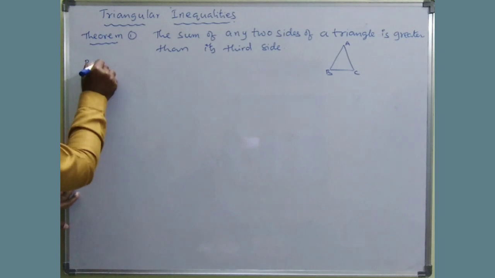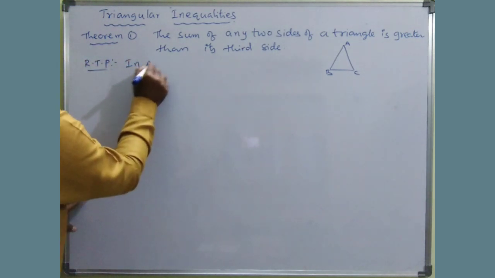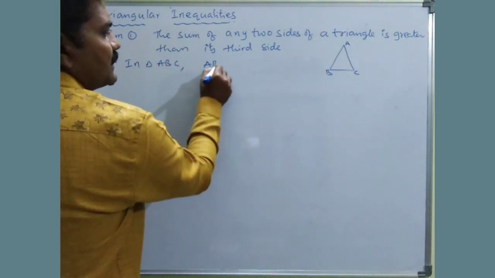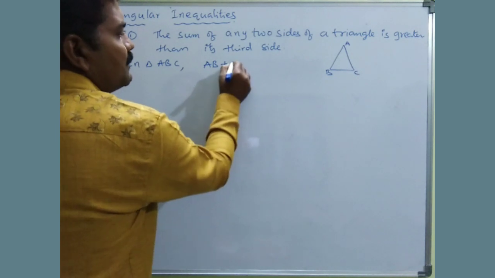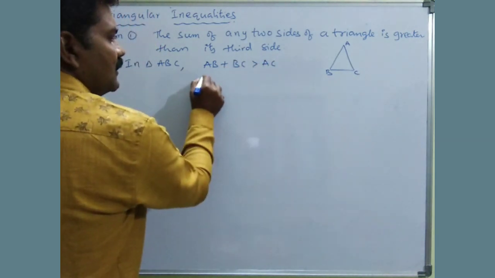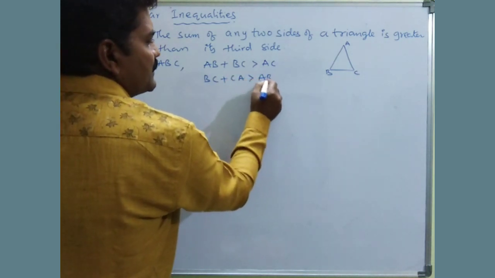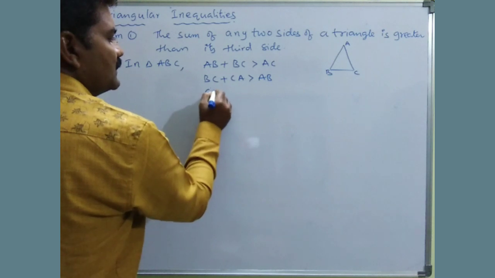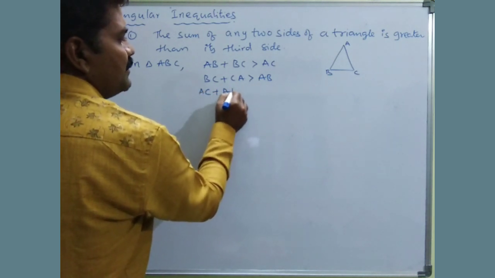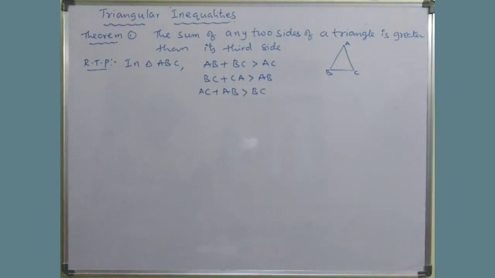So directly RTP, in triangle ABC we have to prove that AB plus BC is greater than AC, or BC plus CA is greater than AB, or AC plus AB will be greater than BC.